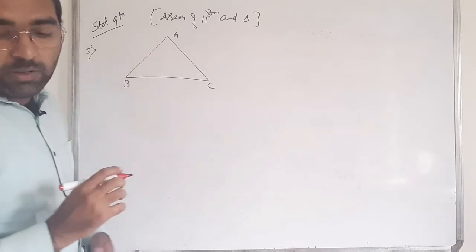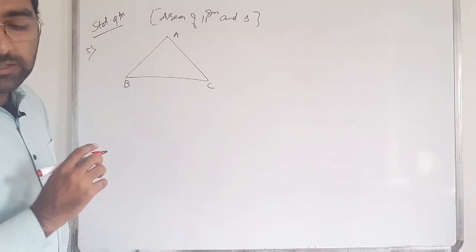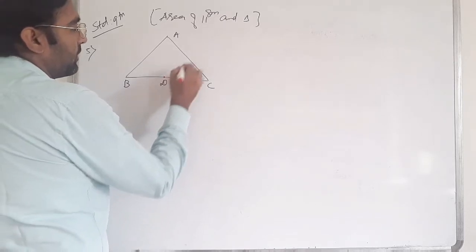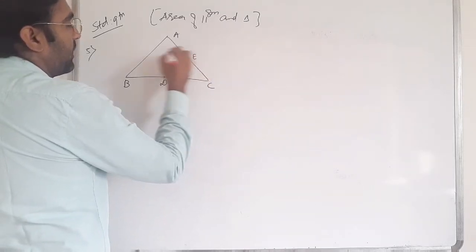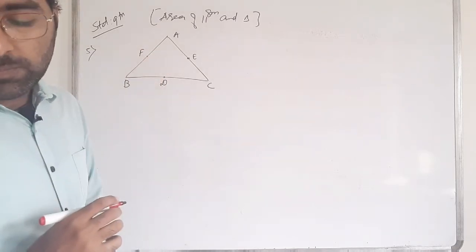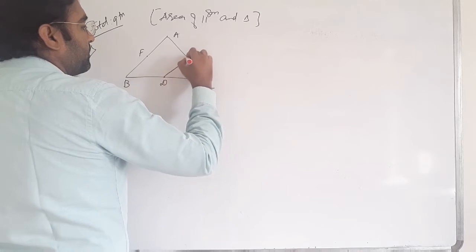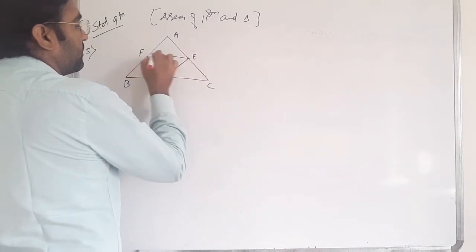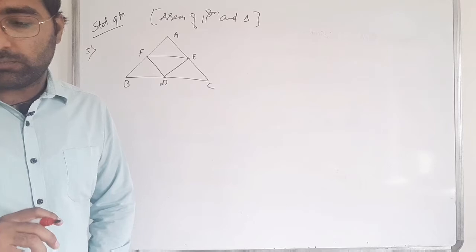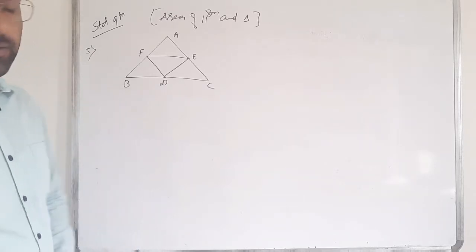D, E and F are the midpoints of BC, AC and AB. Clear?